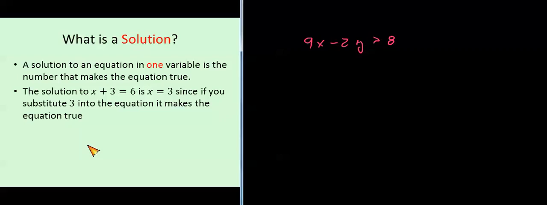Before we start talking about how to graph them, and it's really a very easy process, I need to look really carefully at what a solution is. A solution to an equation in one variable is the number that makes that equation true. For instance, x plus 3 equals 6.